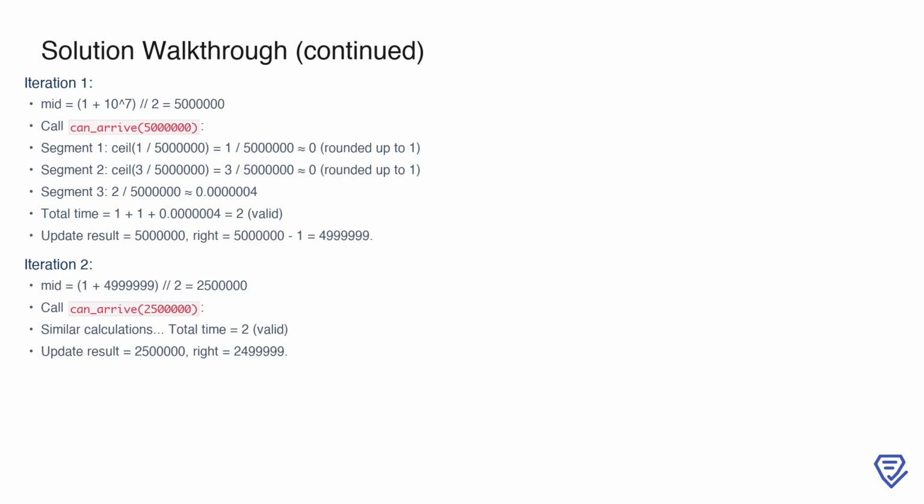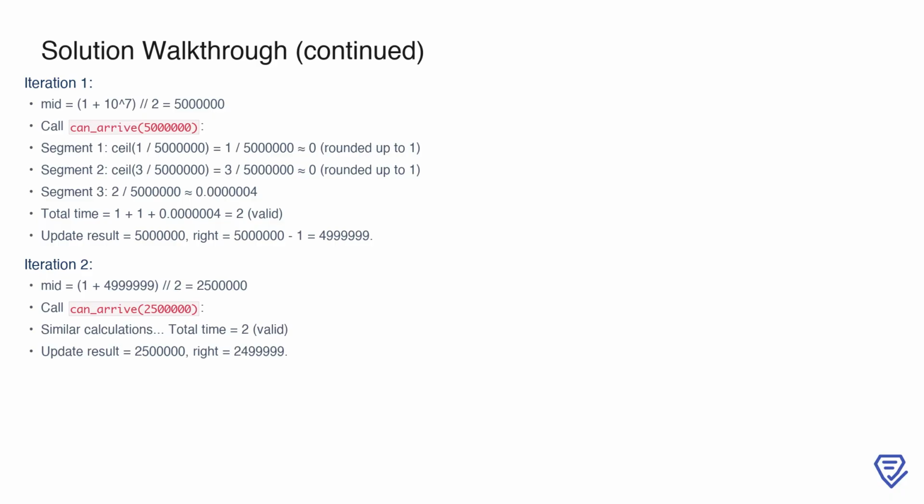For the last segment, the exact time is a tiny fraction, approximately 0.000004 hours. Adding these together gives a total travel time of 2 hours, which is within the allowed 2.7 hours. Since this speed is valid, we update our result to 5 million and adjust our right bound to 499.9999.